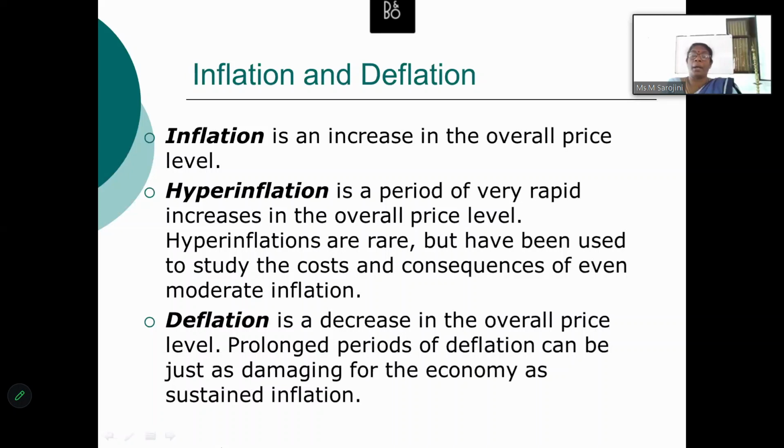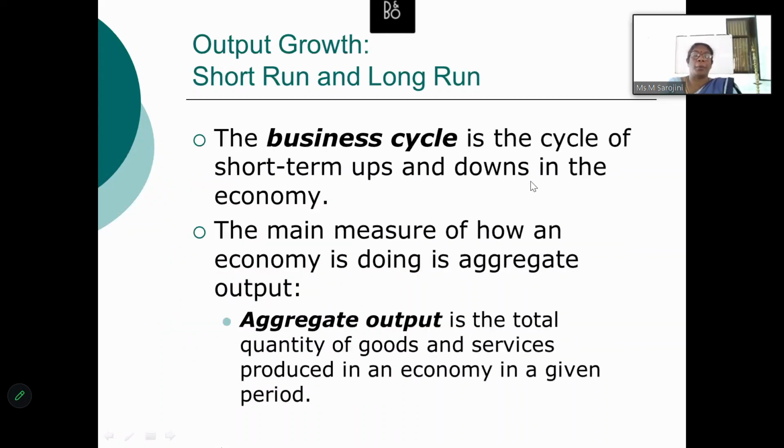Therefore, under macroeconomic policy, there is price stability, right? Without inflation or deflation, the price should be stable for a healthy economy, right? Therefore, it is very important under macro.